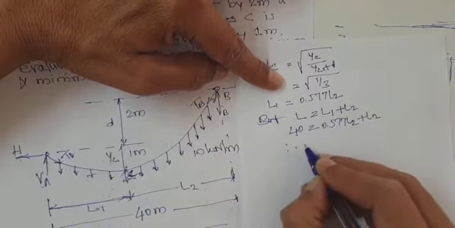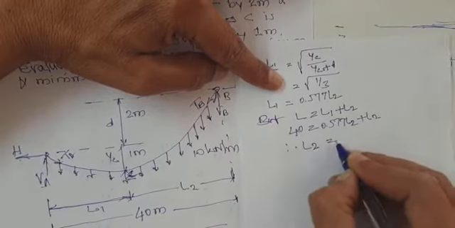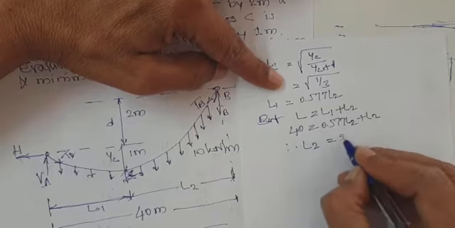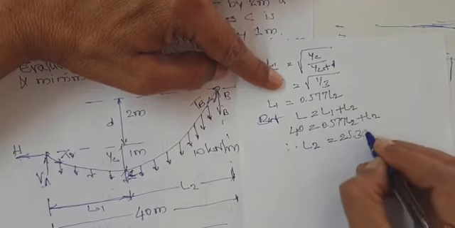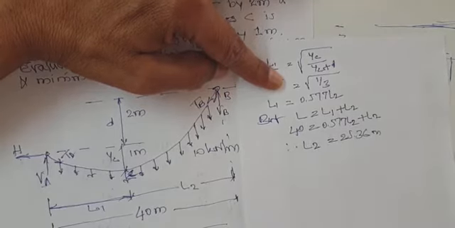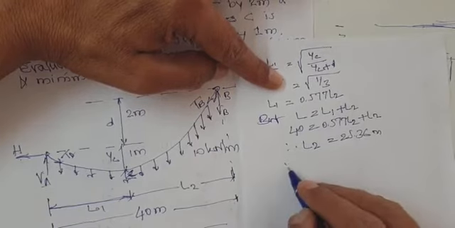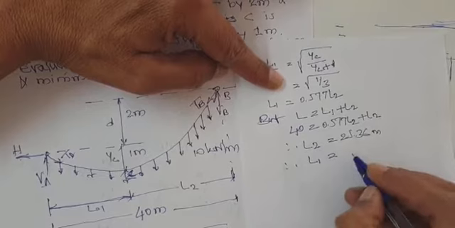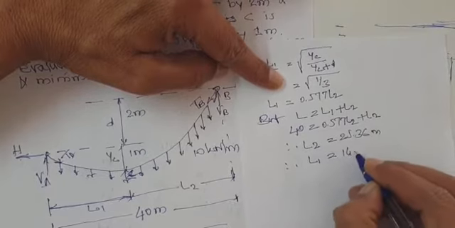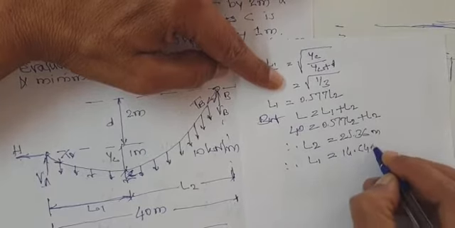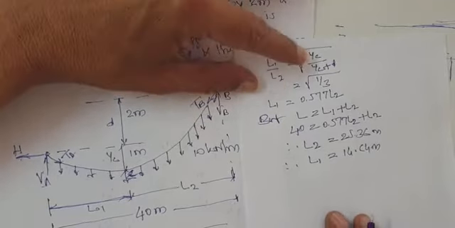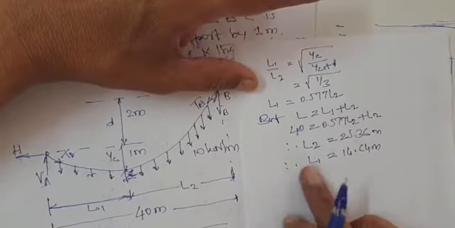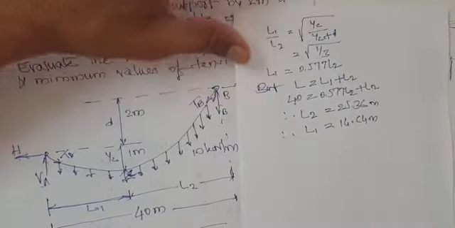So if you simplify this, you are going to get L2 as 25.36 meter. Okay. Therefore L1 equals 0.577 L2, so you will get the answer as 14.64 meter. Okay.